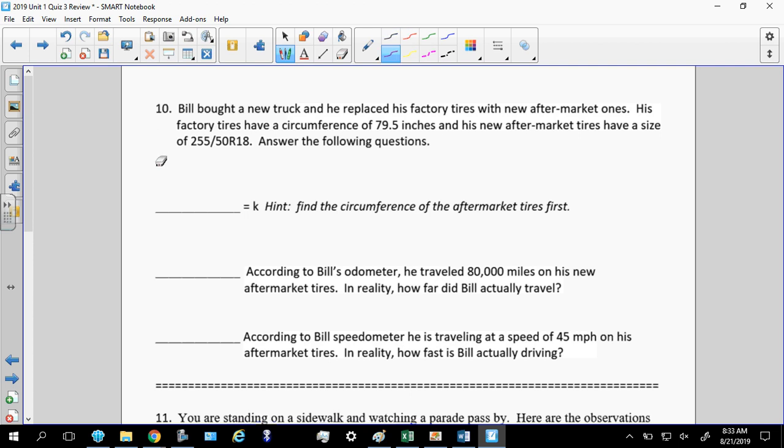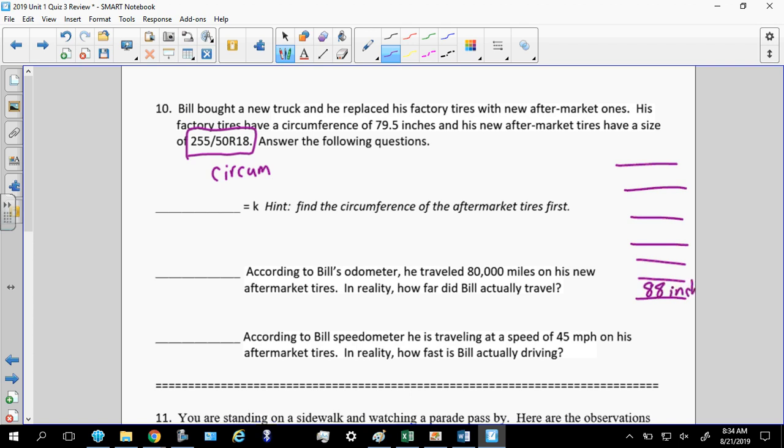You've got to take this and find the circumference, which means using the width of the tire, the aspect ratio, all those numbers. Because of time, the circumference of the tire ends up being about 88 inches.